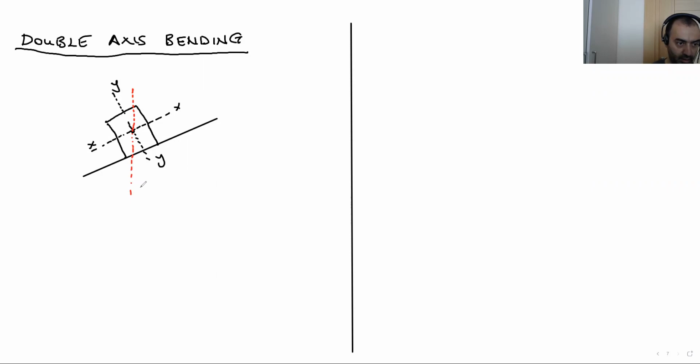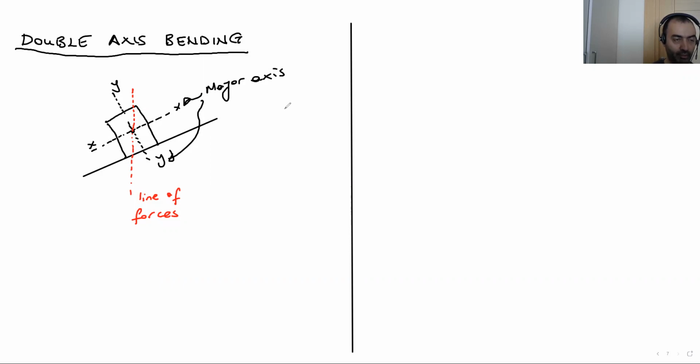This is the line of forces. As you can see, it doesn't coincide with one of the major axes. These, this one and this one, are the major axes of the structural member. So in this case, we have double axis bending.